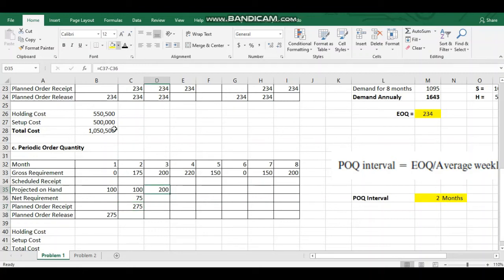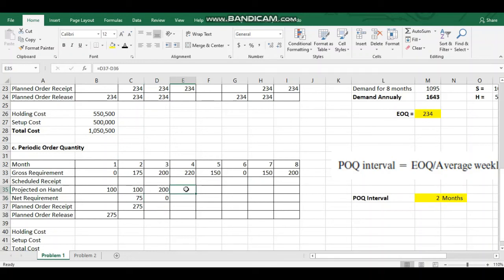So 200 units will be carried to the next month as inventory. Since at the third month the gross requirement equals our inventory, there's no net requirement, so we don't have to place any order.